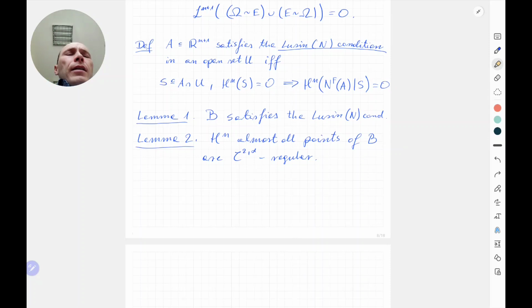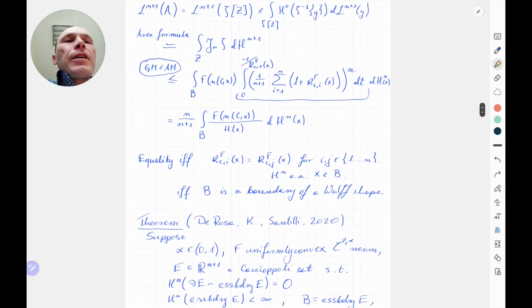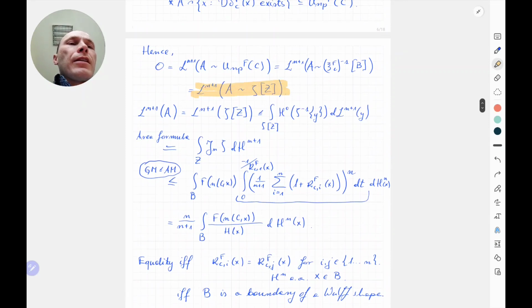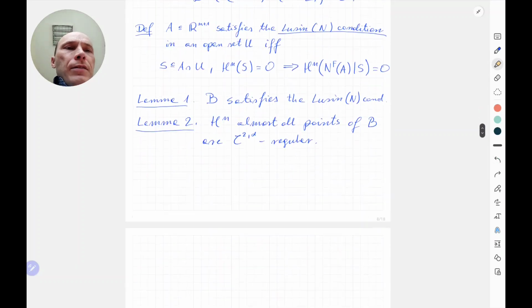But still, using the Lusin N condition, we can derive the conclusion that the image of zeta is almost all of E, as it is called in this theorem.